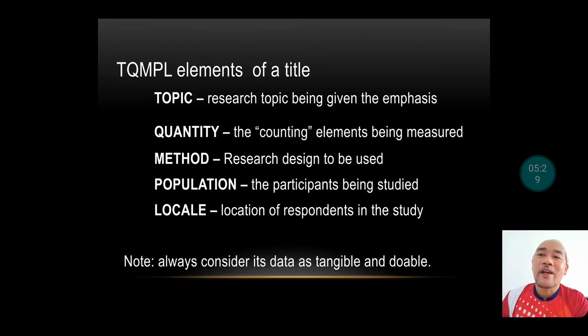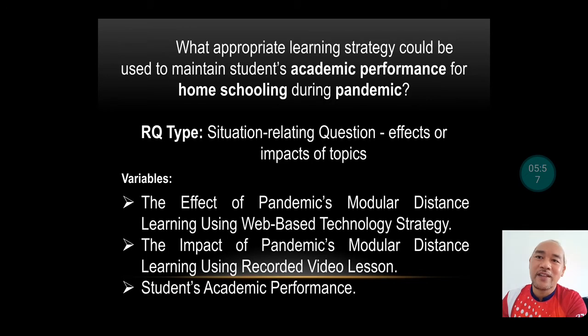And with these elements, we always consider that the data of the elements that we get should be tangible, something you can hold and see, and doable, meaning it can be done. So the topic, the quantity, the method, the population, and the locale should always be considered tangible and doable.